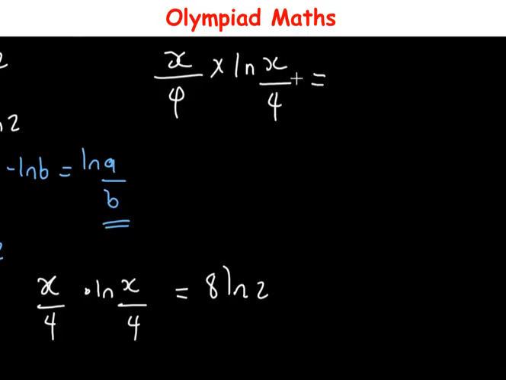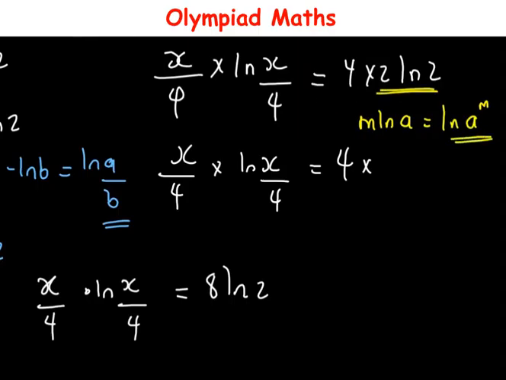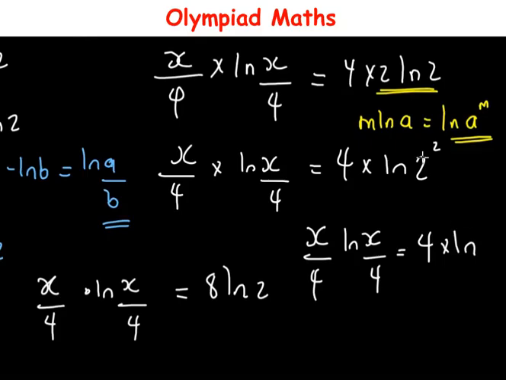This equals, it can be written as 4 times 2, then times ln 2. So x over 4 times ln x over 4 equals 4 times, applying this rule of natural logarithm, that if you have m times ln a, this equals ln a raised to power m, we have 4 times ln 2 raised to power 2. So we have x over 4 times ln x over 4, and this equals 4 times ln 2 squared is 4.